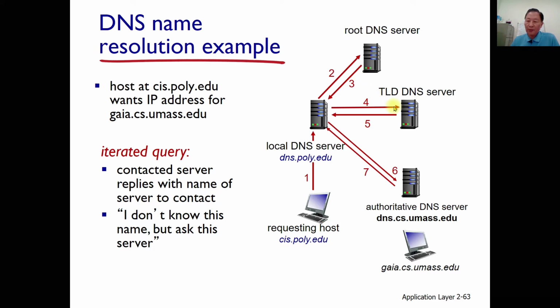Finally, this is used to get the real IP address for dns.cs.umass.edu, which is given to the local DNS server. Then the resolution is complete, and the IP address for that domain name or URL is provided. The host then uses that IP address to go to the next procedure to find the web page and get that information. Before that, it must resolve the IP address for that domain name or URL.